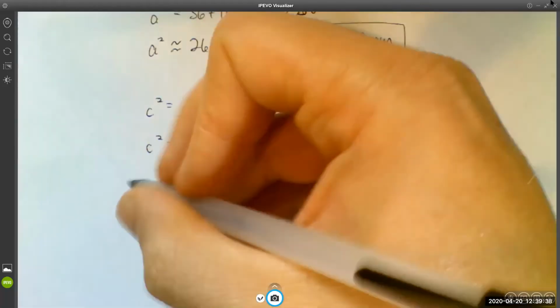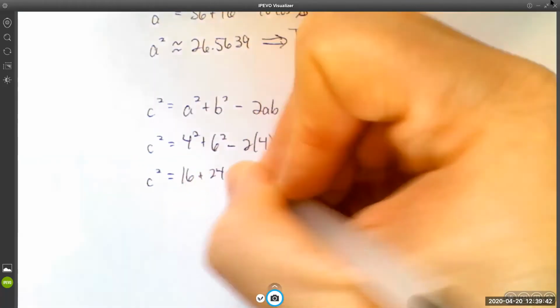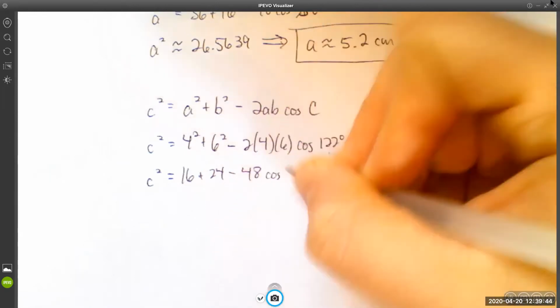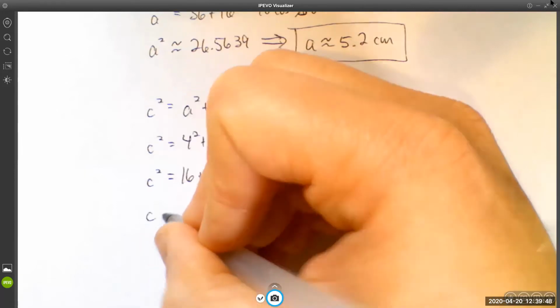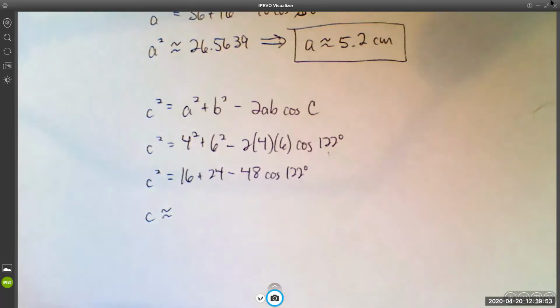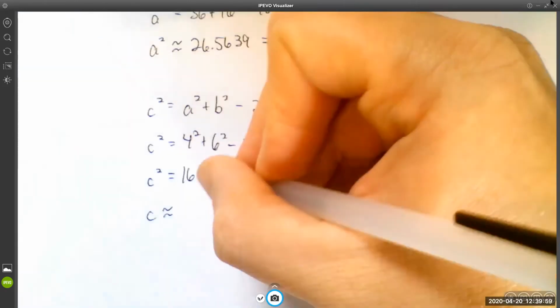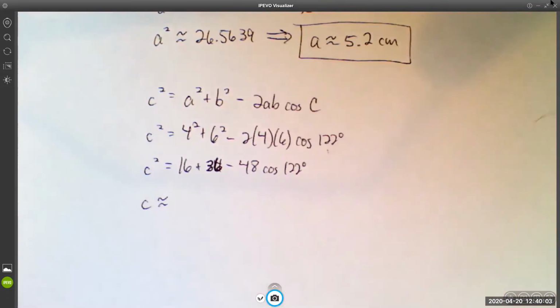Okay. 16 plus 36 minus 48 cosine 122. I'm going to go ahead and just cut to the chase and take the square root of all this stuff. So the square root of 16 plus 36 minus 48 cosine 122.